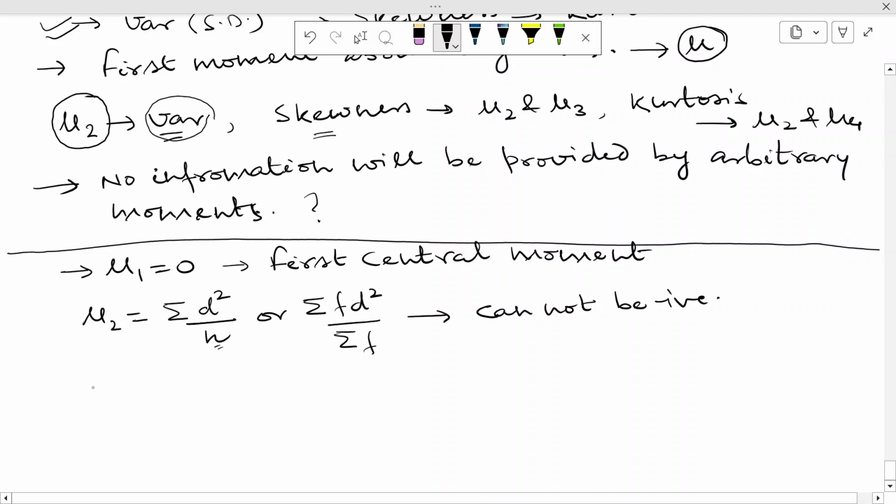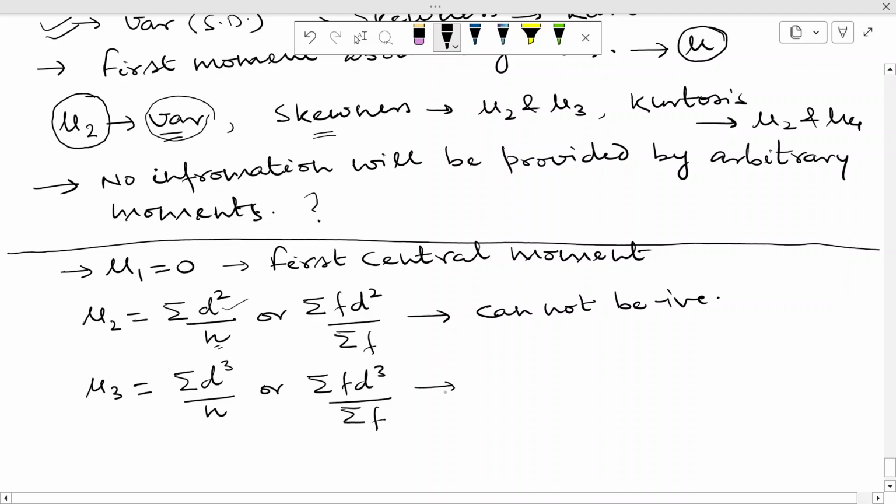Now if you are looking for mu3, the formula of mu3 is summation d cube over n, or you can say summation f d cube over summation f. So here again the sign of the moment totally depends on the deviation, because the number of observations cannot be negative, similarly frequency cannot be negative.